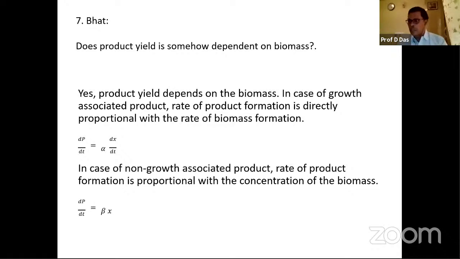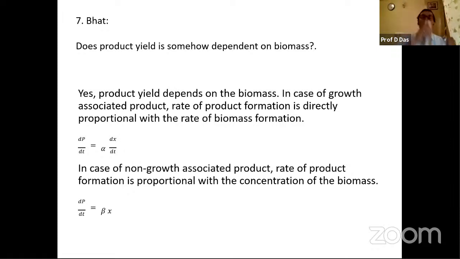The next question that is asked: is the product yield somehow dependent on biomass? The answer is yes, because obviously in the microbial fermentation process, the biomass plays a very important role. Am I right?